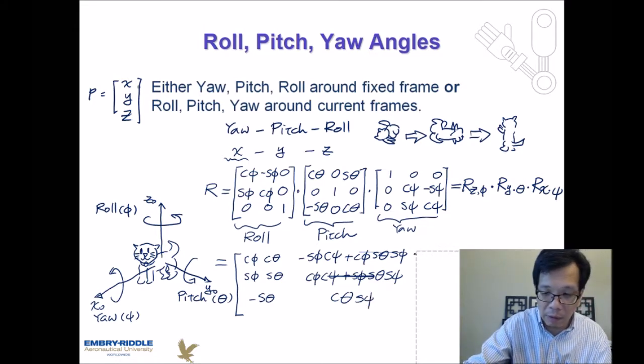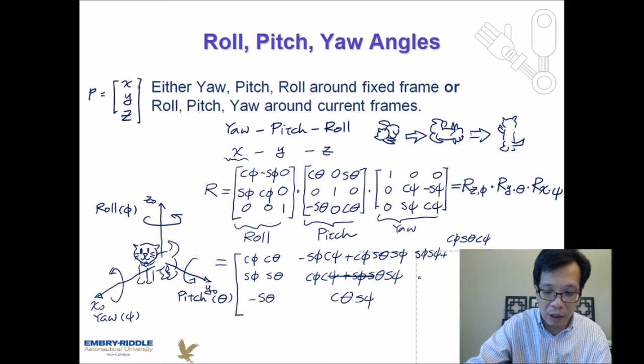The last column over here is going to be sine phi, sine psi, plus cosine phi, sine theta, cosine psi.